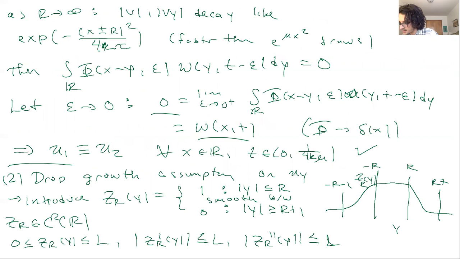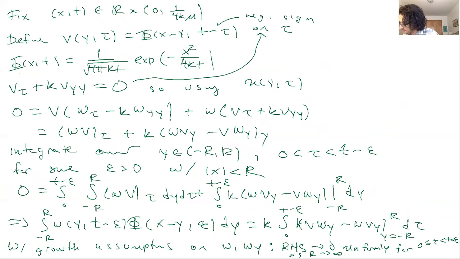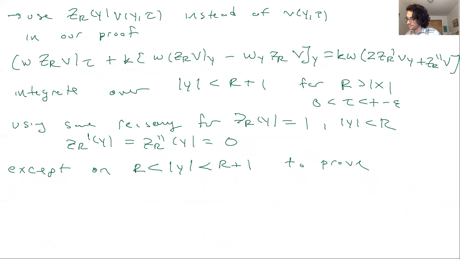So if we look back here, the thing that remained here was this term here, right? So this w v tau term. So when we integrate that, again here, the only thing that should remain here is this term here, okay?